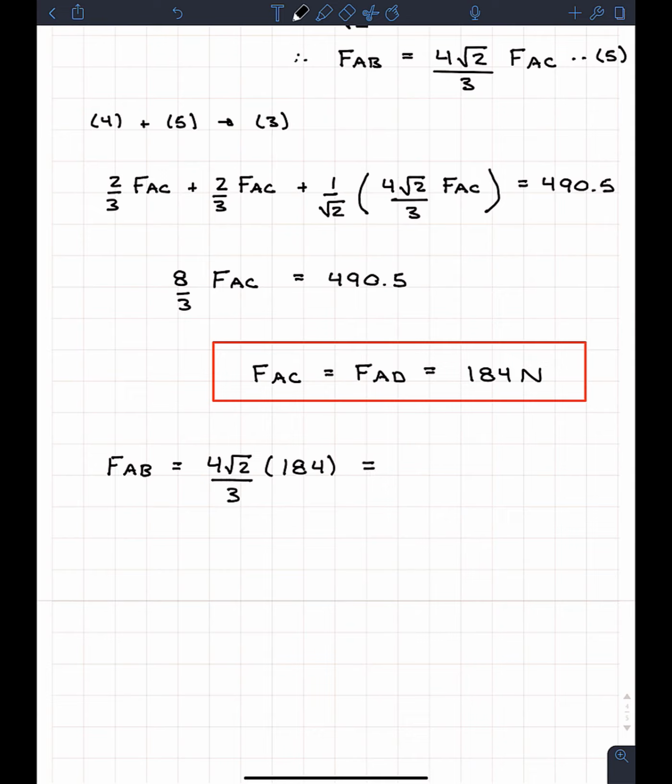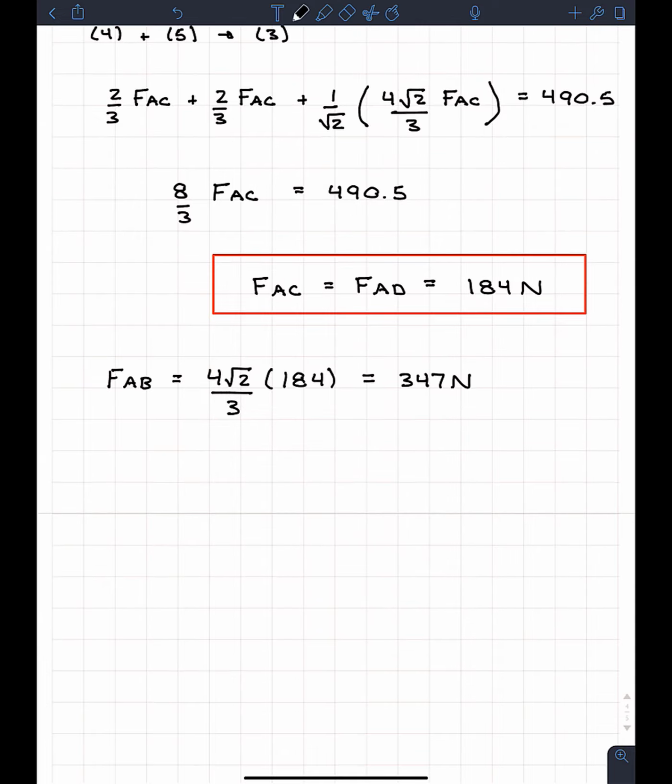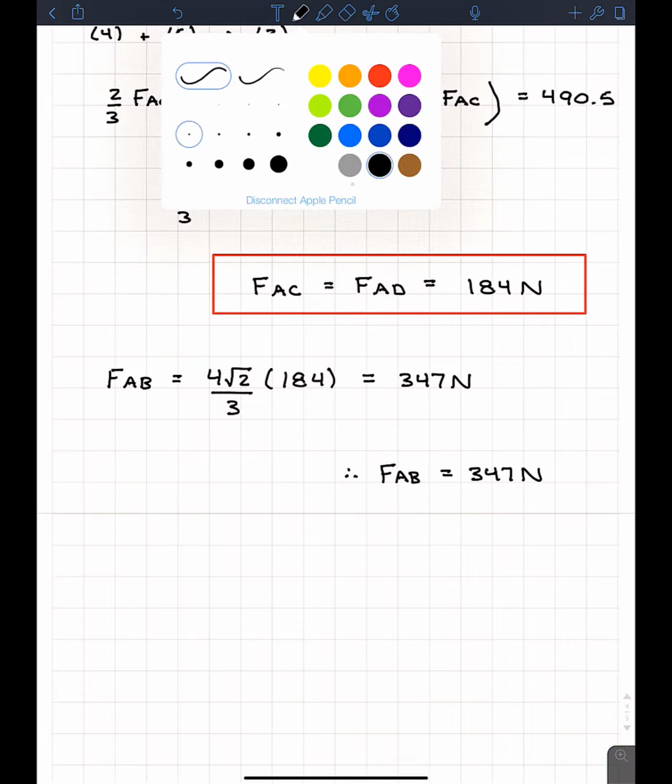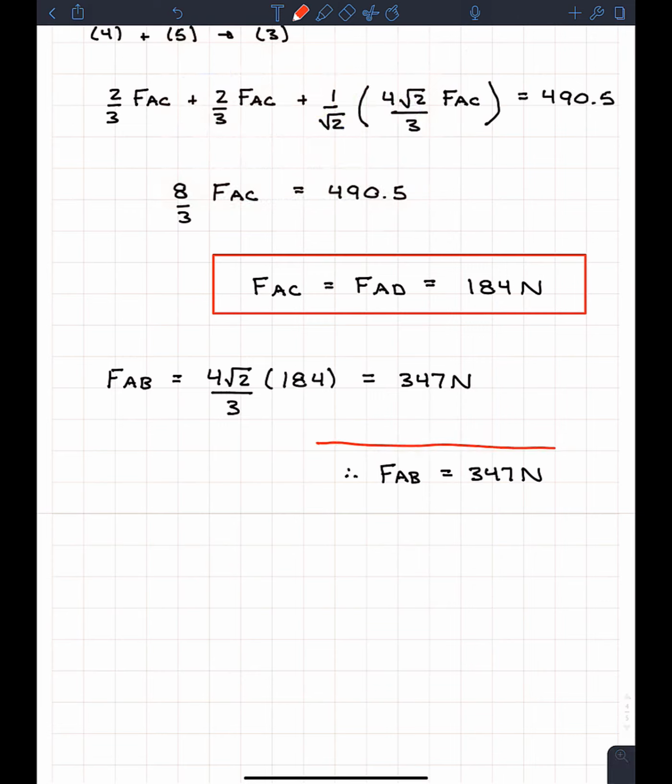When we substitute that in, we're going to get 347, and this will be newtons. So therefore, FAB is equal to 347 newtons. Alrighty. So we can put a box around that.